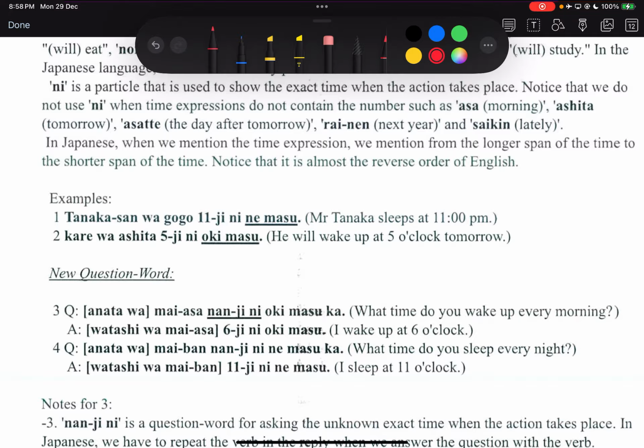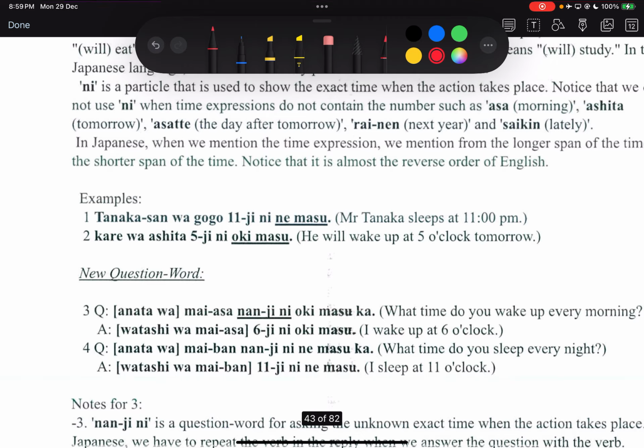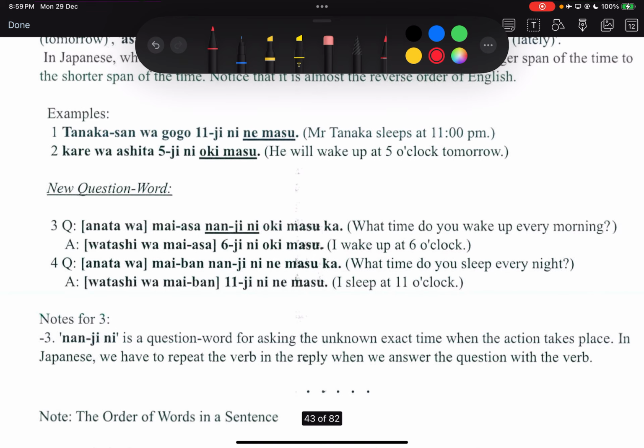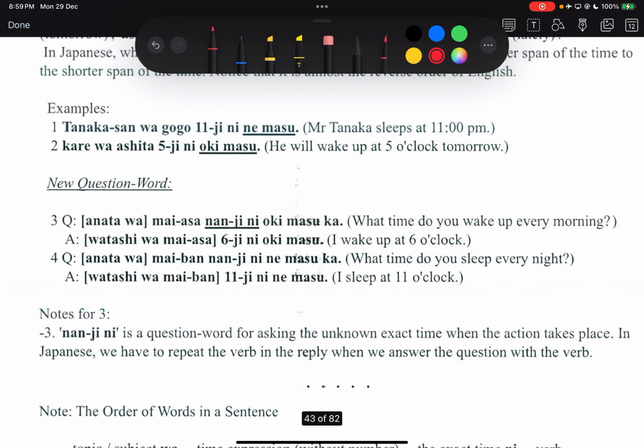Okay, then the new question word in this case will be 何時に. So 何時 means what time, right? So what o'clock. So 何時に means at what o'clock. So あなたは毎朝何時に起きますか? So you, every morning, at what time wake up?